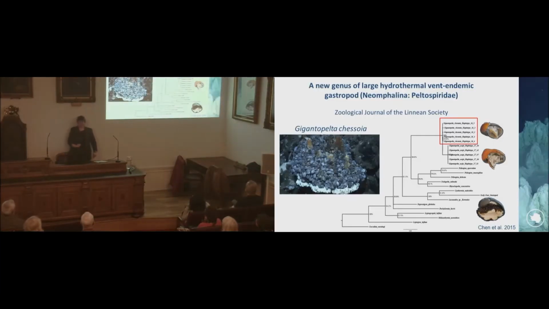The next new species and genus that we found was the large Paltus spiroid, which I wanted to bring into this talk because this genus and species was described in the Zoological Journal of the Linnean Society. The species lives in huge groups.